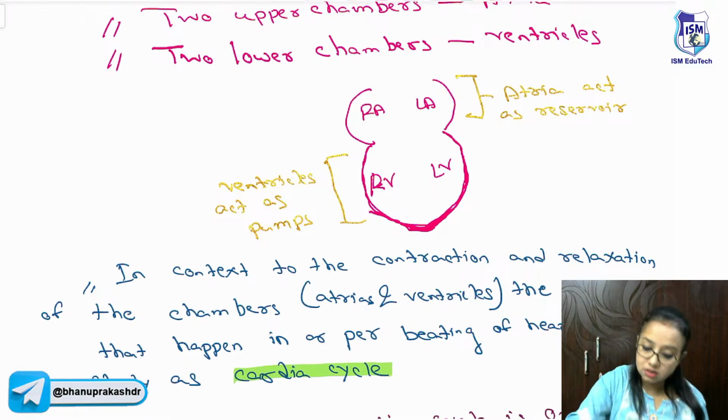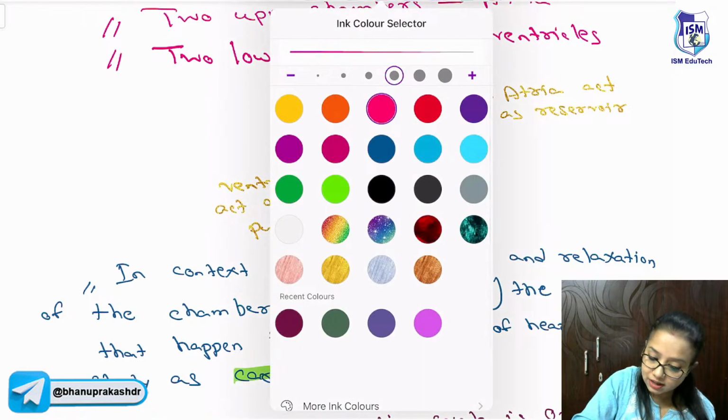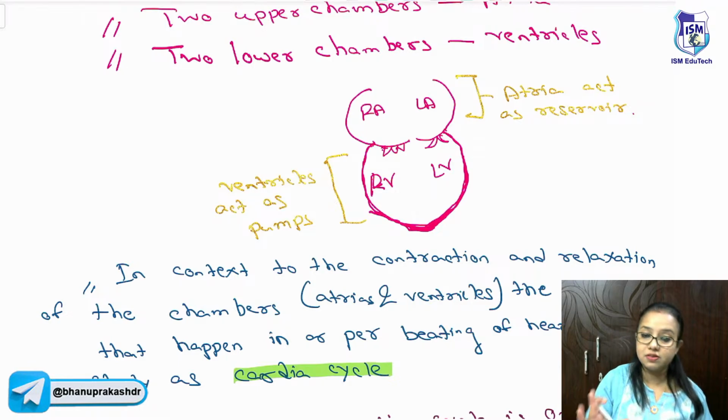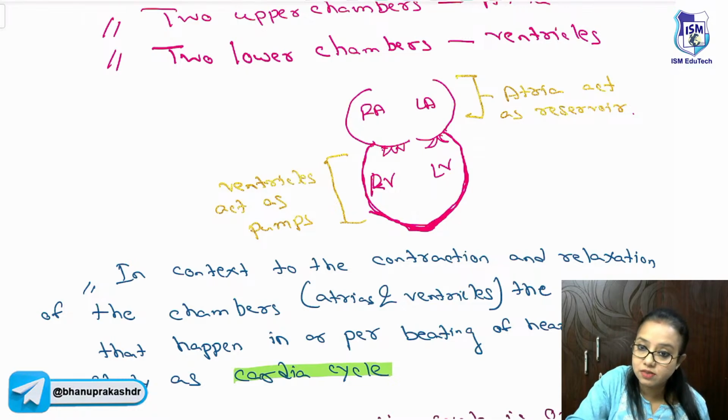Now, you also know there are valves, the tricuspid valve on the right side and the bicuspid or mitral valve on the left side. So the atria are never a completely sealed chamber. Yes, the valves anchor them airtight, but it is not a sealed chamber like the ventricle because it acts as a passage. Blood has to flow from the atrium to the ventricle.